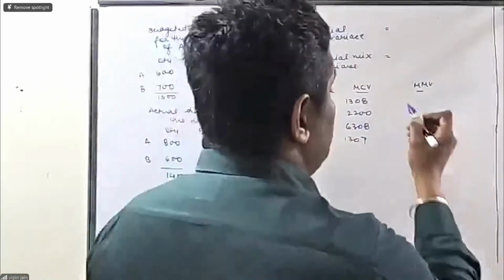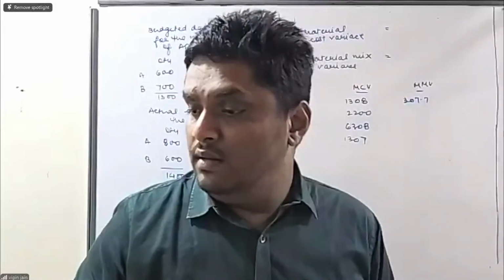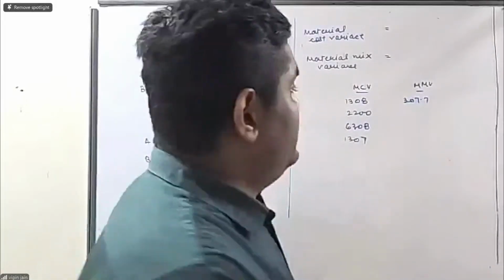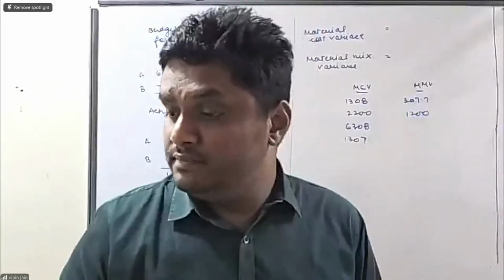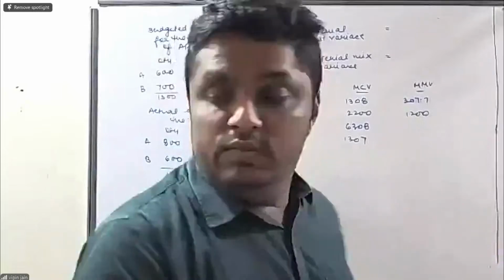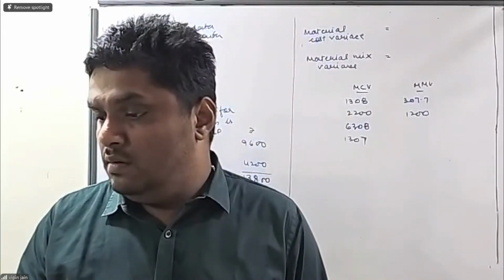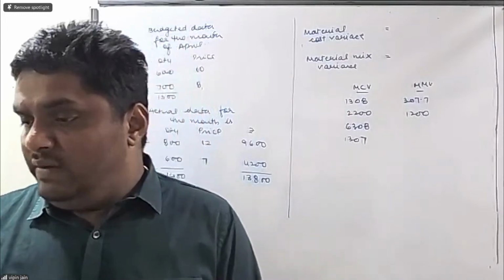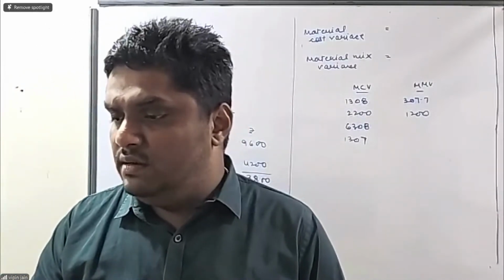See, for such an easy question, I'm getting so many answers. One question, so many answers. Mix variance also, many answers, I'm getting 307.7. Mix variance 1200 also I've got. 308 is more or less the same. Anyone else with any different answers? I have received these answers.